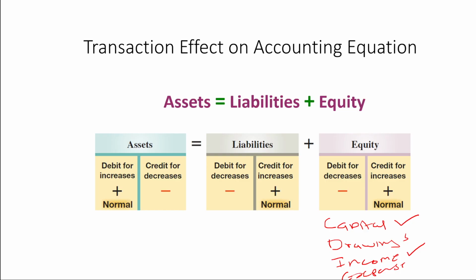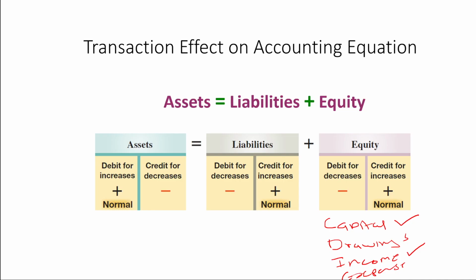The reason being that capital is the amount of money or interest that the owner has in the business, and drawings represent the amount of money that the owner took away from the business for personal use. So this decreases the owner's interest in the business, which means you have to record it on the debit side.